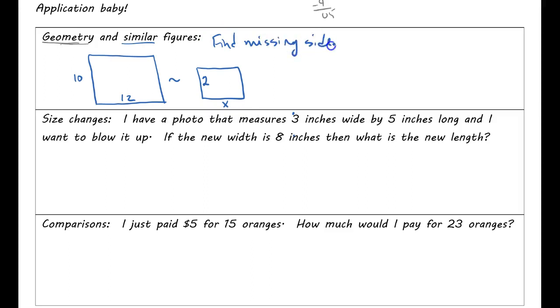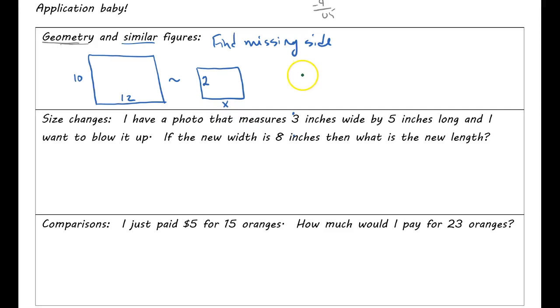And if you're trying to find the missing side, we're going to do this exactly the same way as we did above, because we are comparing two things, everybody. We're comparing a big shape to a little shape, or you can think of it as we're comparing the length of this one to the length of that one, and the width of this one to the width of that one. So I'm actually going to think of it as length and width, okay?